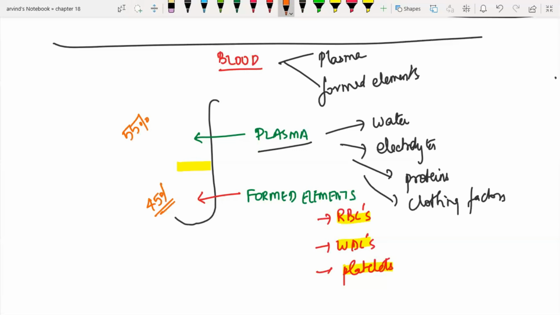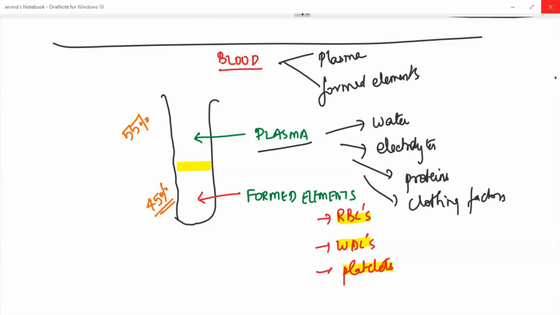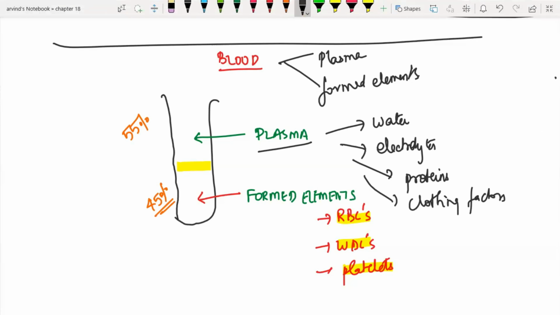You will have 45 percent of your blood composed of formed elements and 55 percent composed of plasma. Now, we are just going to discuss a few points about each of these formed elements and also each of the components of plasma. So let us start with plasma because it is very simple. We don't have many points to discuss there.